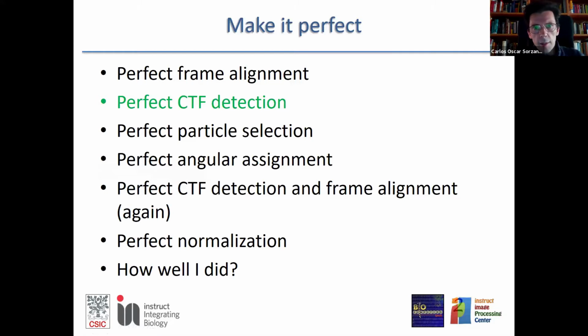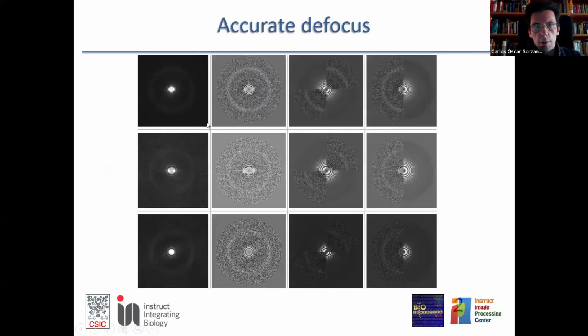The next thing is to do CTF detection. CTF is estimating the contrast transfer function of the microscope, estimating the aberrations of the microscope at the time of acquiring the image. And typically they look like this. You have the power spectrum and then you fit a model to it and they look reasonable.